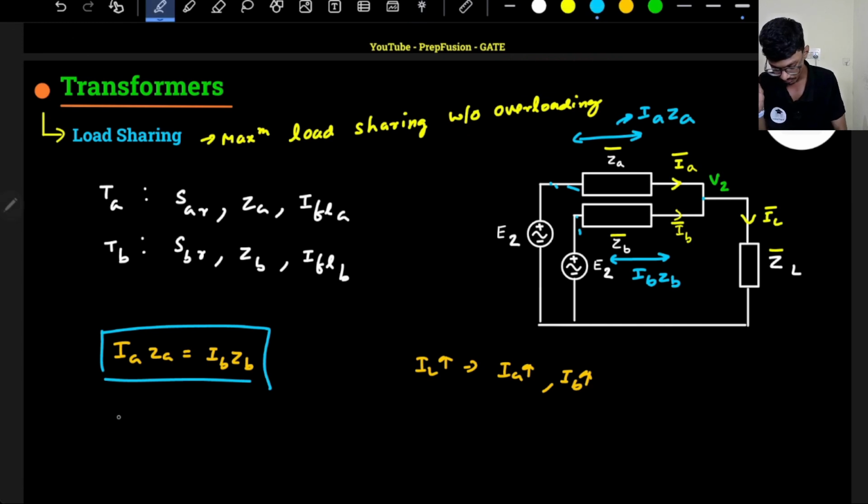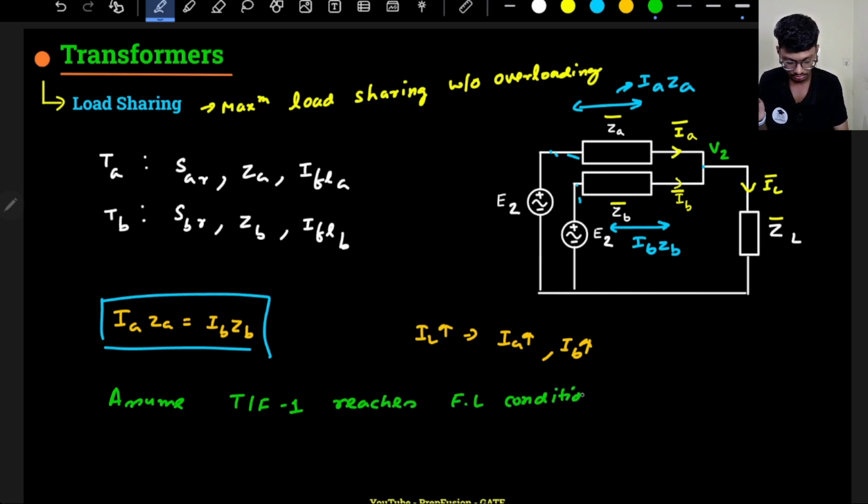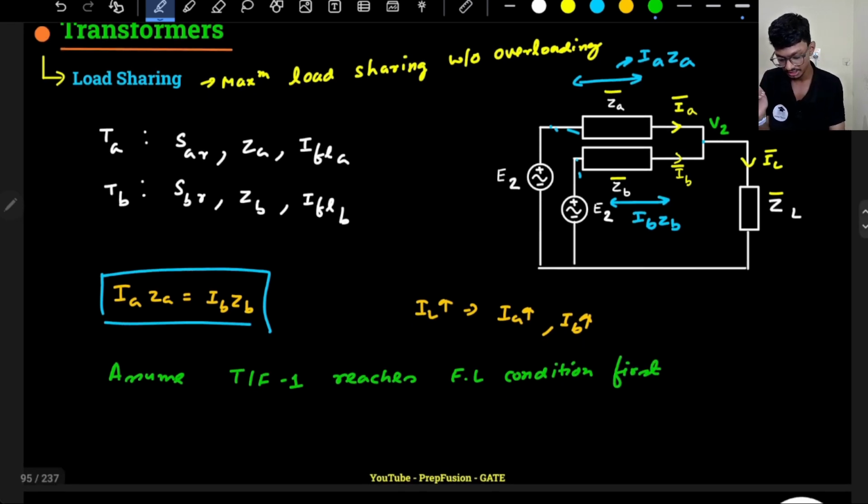So let's assume that transformer A reaches full load condition first. That means I will replace IA with IAFL into ZA.